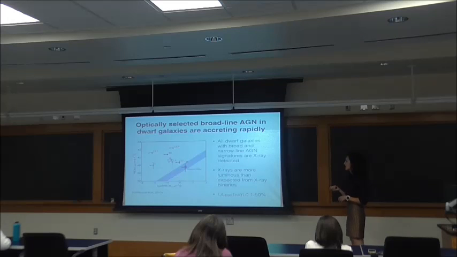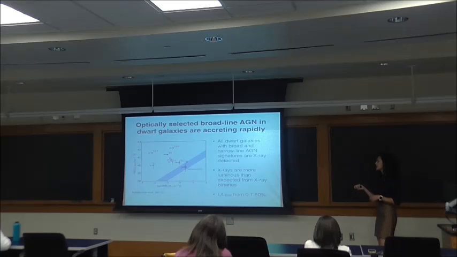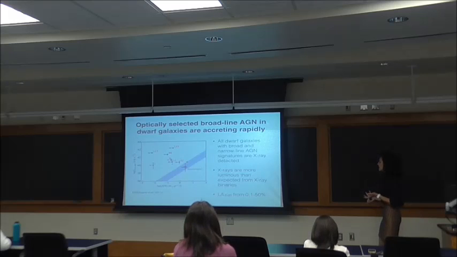This is showing the 0.5 to 8 keV luminosity as a function of star formation rate. The blue line is showing the X-ray emission that you expect from high mass X-ray binaries based on the star formation rate of the galaxy. We estimate the star formation rates based on the narrow H alpha emission.